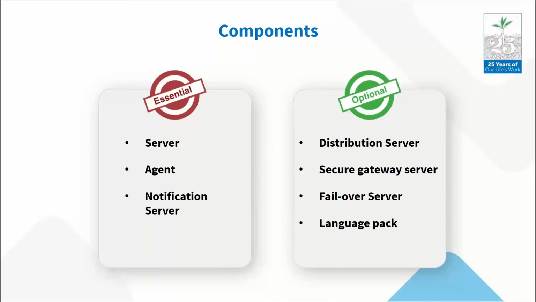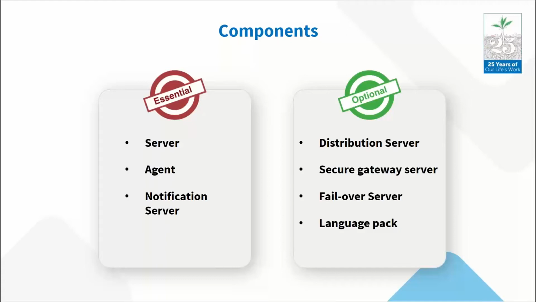You also have a notification server which aids in performing any on-demand task. You have other additional or optional components like distribution server, secure gateway server, failover server, and multi-language packs.